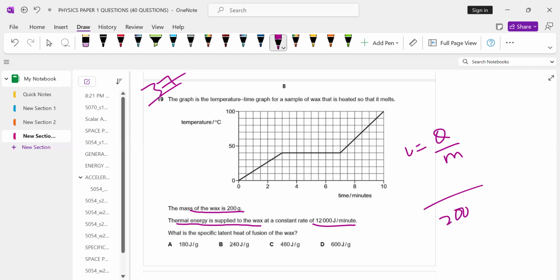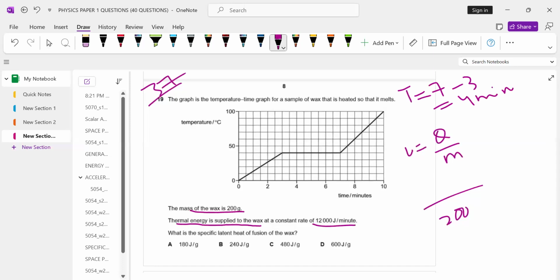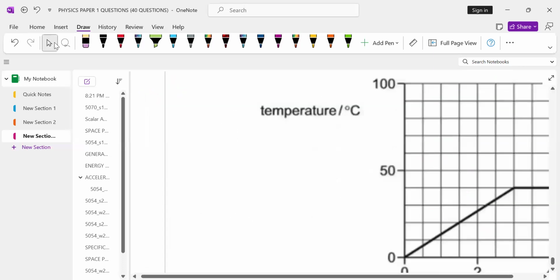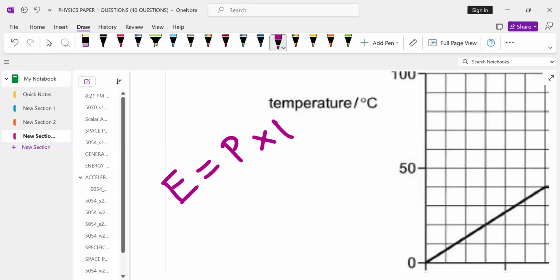Before this, using this graph, you can see that time t equals 7 minus 3, which gives 4 minutes. Now, the formula for energy is going to be used here. Energy equals power into time.